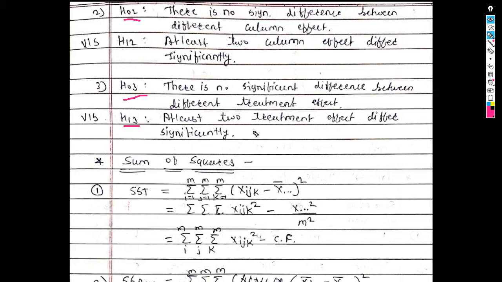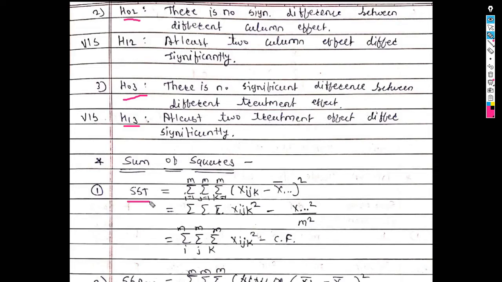So for that case, we define our hypothesis that there is no significant difference between different formulations of a rocket propellant. So in this way, we define our hypothesis about row effect, column effect, and treatment effects. Now we will discuss sum of squares in Latin square design.